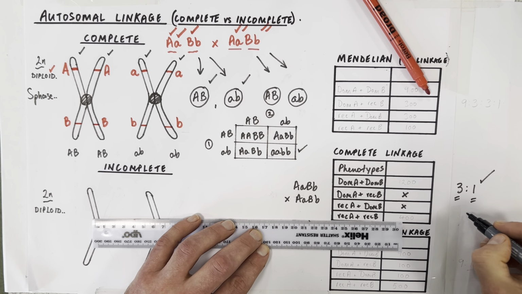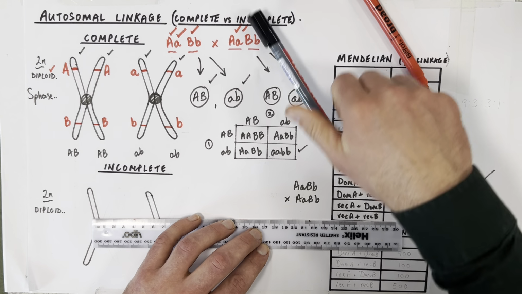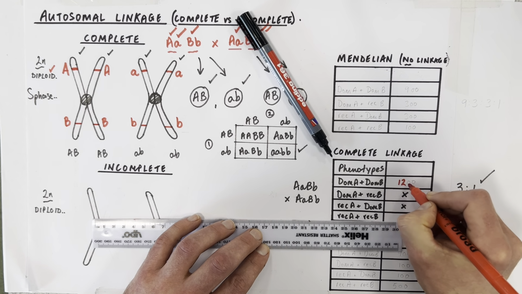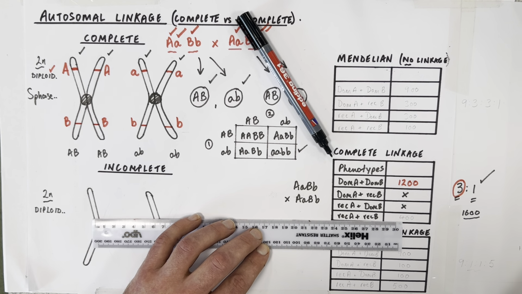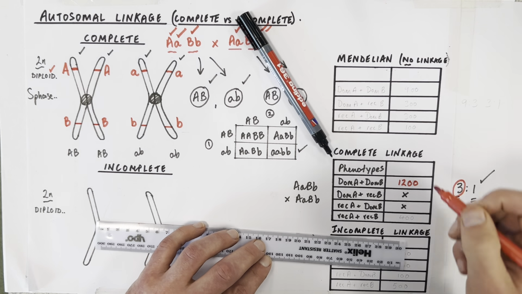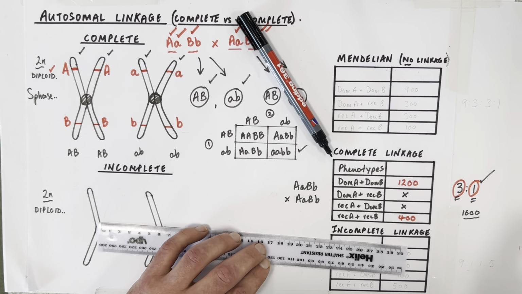So if we had 1,600 plants, for example, that we made, we would expect a 3-to-1 ratio of the double dominant phenotype to the double recessive phenotype. So if you divide 1,600 by 4, you're going to get 400. So 3 times 400, we would expect to see, of these plants, 1,200 with the double dominant and only 400 with the double recessive.